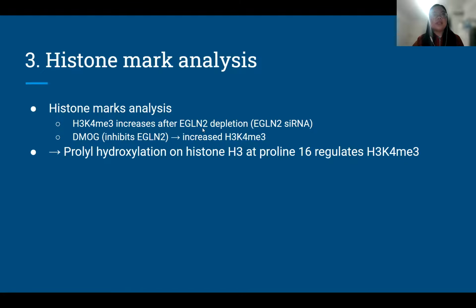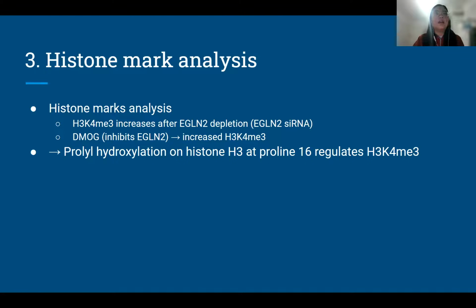Histone marks are then analyzed, and they found that the trimethylation of lysine 4 increases after EGLN2 is removed from the system. This is because they added siRNA to inhibit the expression of EGLN2; siRNA basically degrades EGLN2 transcripts.